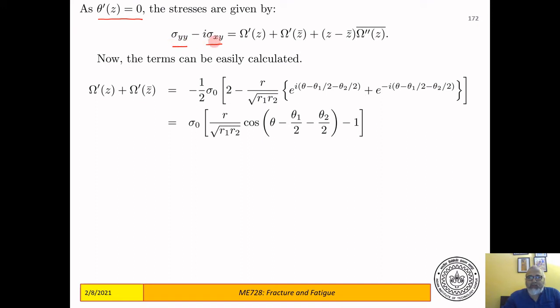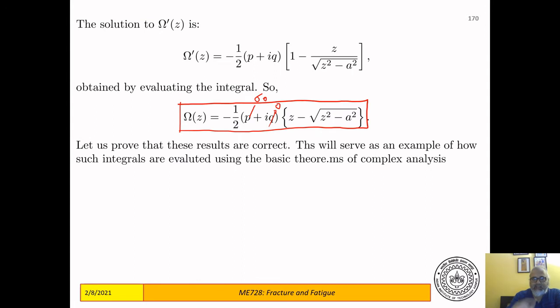So sigma yy minus i sigma xy from the KM equations is this. Now we have done this for the punch. You can carry it out for this case also. So omega prime z has to be calculated in terms of r1, r2. We do it exactly in the same way as in case of the punch. So omega prime z is this.